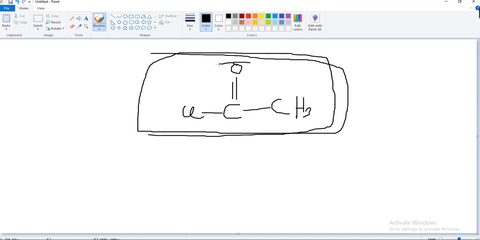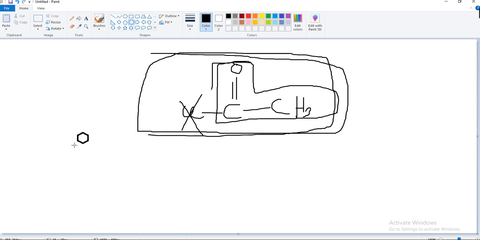In this compound, the C double bond O CH3 group is the acyl group. In the acylation reaction, chlorine is removed from this group, and the C double bond O CH3 group is added on the benzene ring like this.